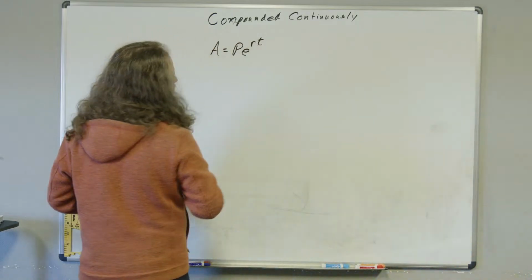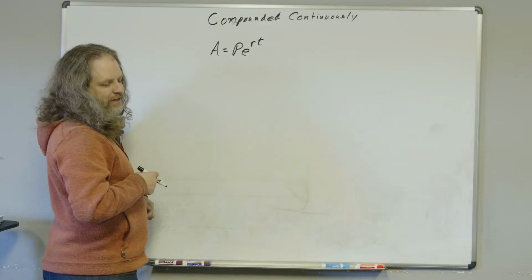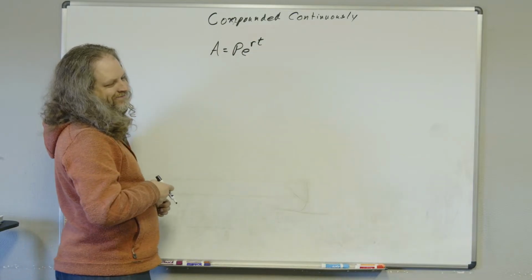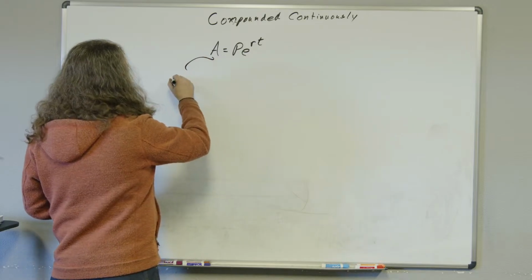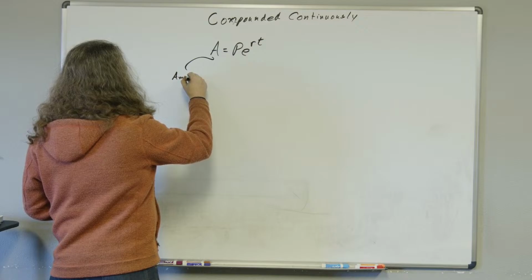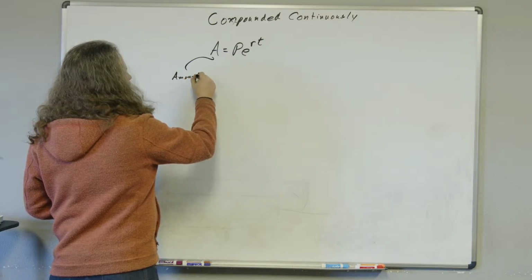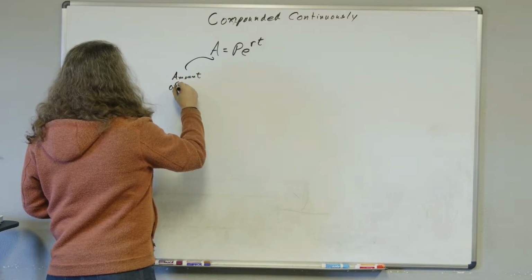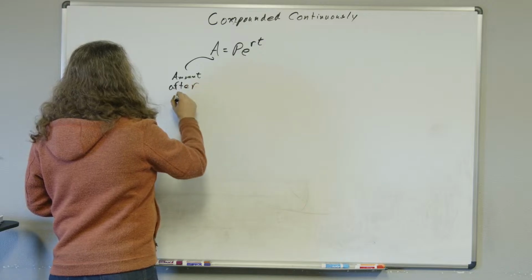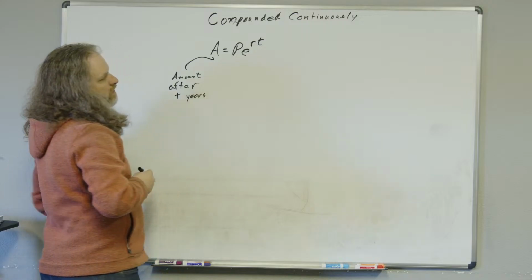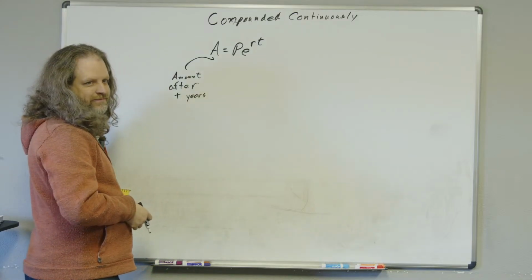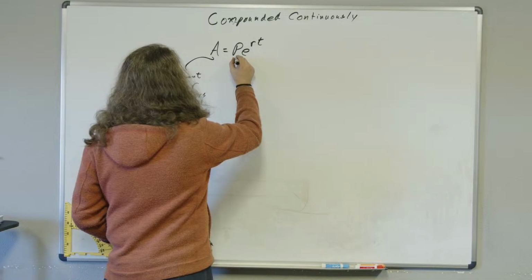What is A? Amount. Yeah. So it's the amount after t years. What's P? Principal.